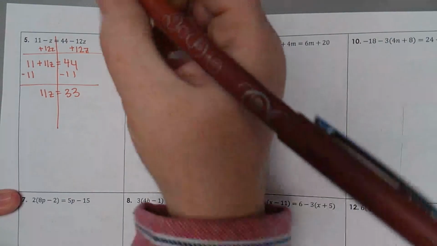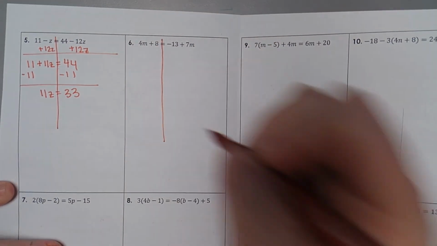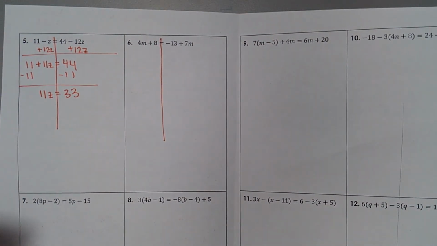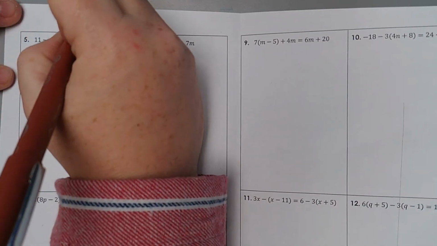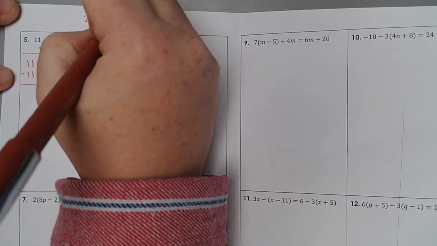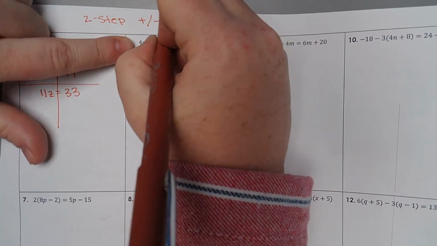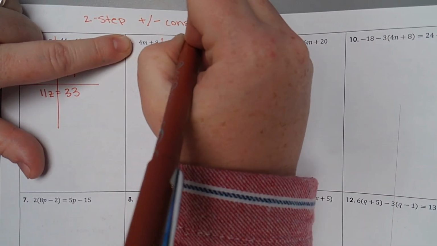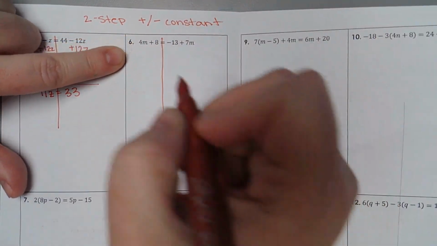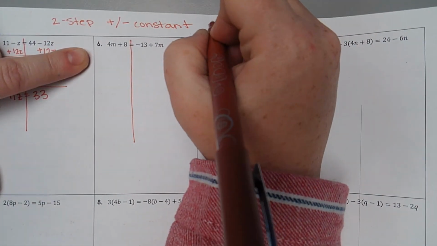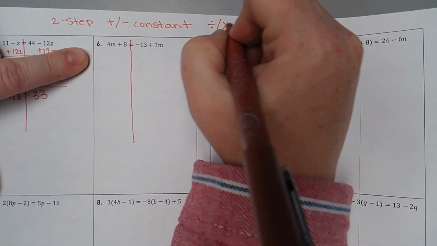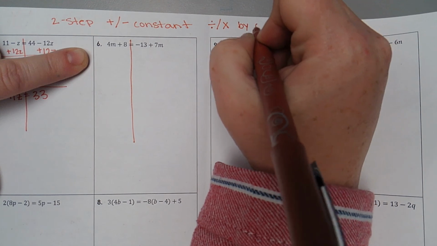Number 6. I'm going to leave it at a two-step. So on two-step equations, you add or subtract your constant. Then divide or multiply by the coefficient.